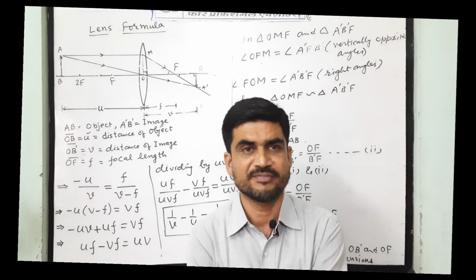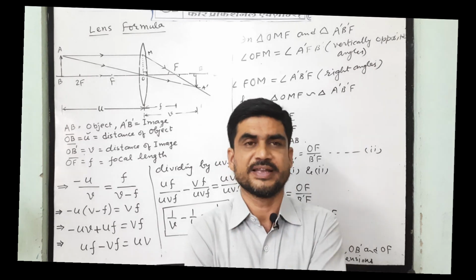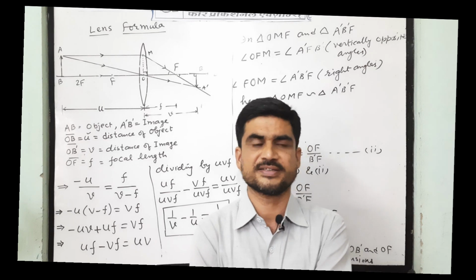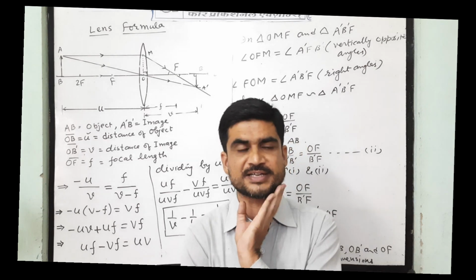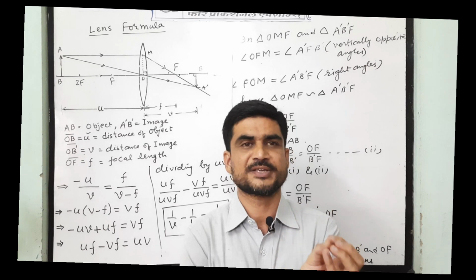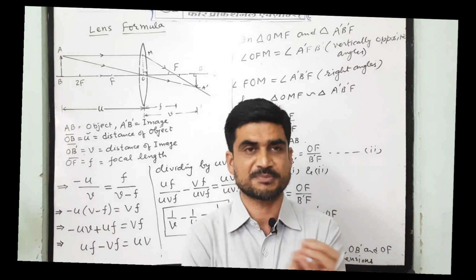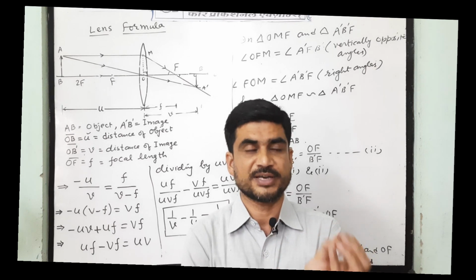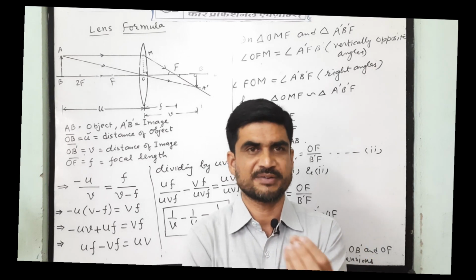When we are using a concave lens, its power will be negative. Generally the powers of concave lenses in students' specs are negative, like minus 0.25 diopter, minus 0.5, minus 0.75, minus 1.25, minus 1.5, like that.